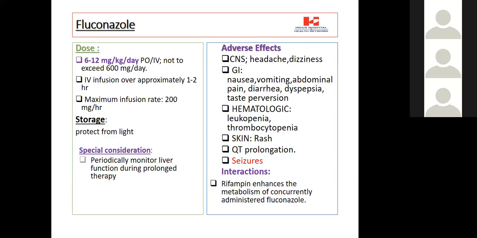What we have to monitor for the azoles, the antifungal class like fluconazole, is that the patient might experience some headache, some GI effects, and seizure-like activity. The patient may have QT prolongation if given in combination with other QT-prolonging agents. For patients with cardiovascular disease, we have to monitor closely if the patient is on fluconazole at higher doses.